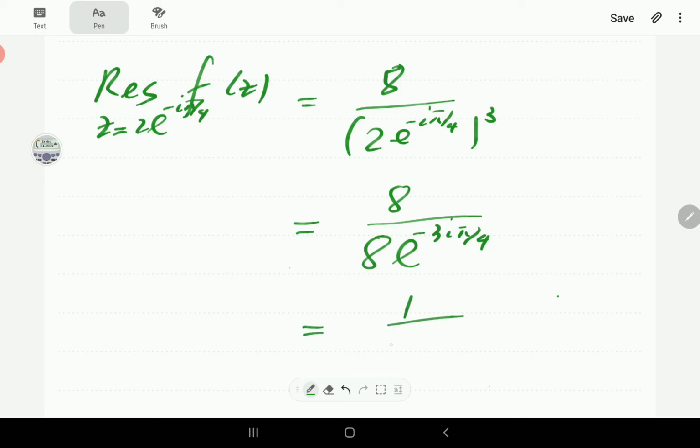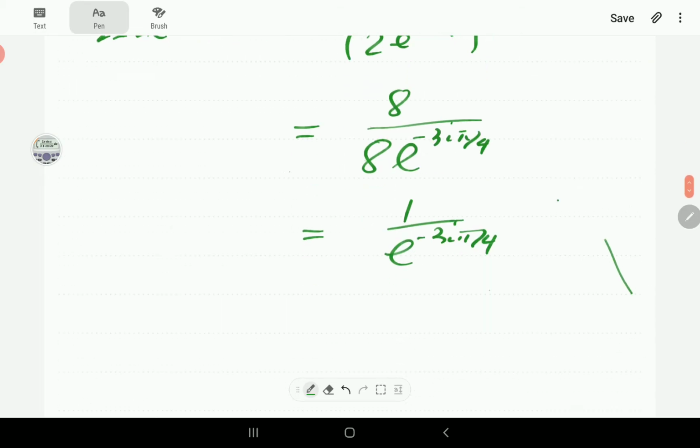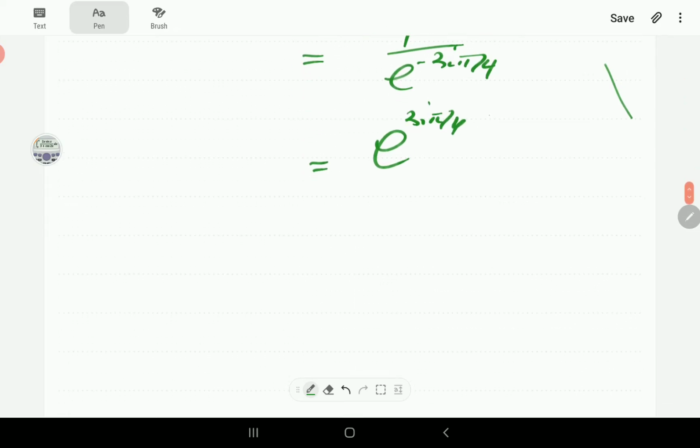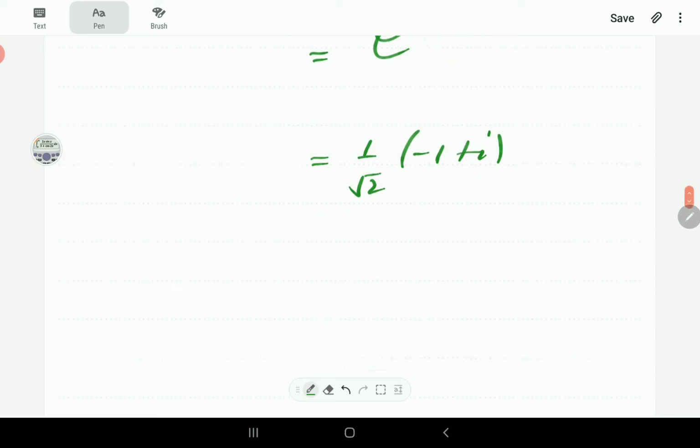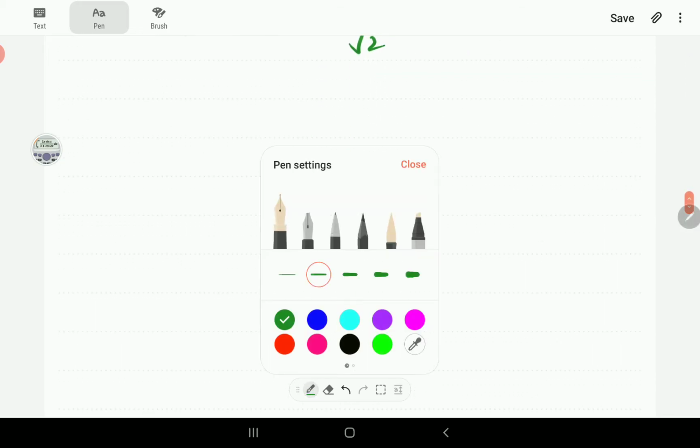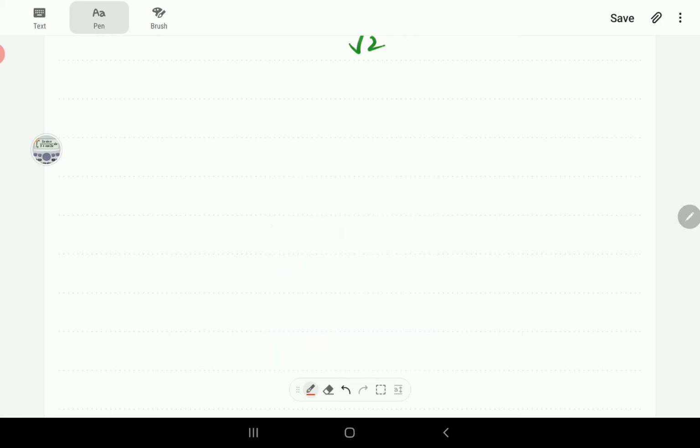This is going to be 1 over e to the minus 3iπ/4, which is the same as e to the 3iπ/4. So that's in the second quadrant, going to be 1 over 2 times minus 1 plus i. So that's going to be all the 4 residues of this function at each of the singular points.